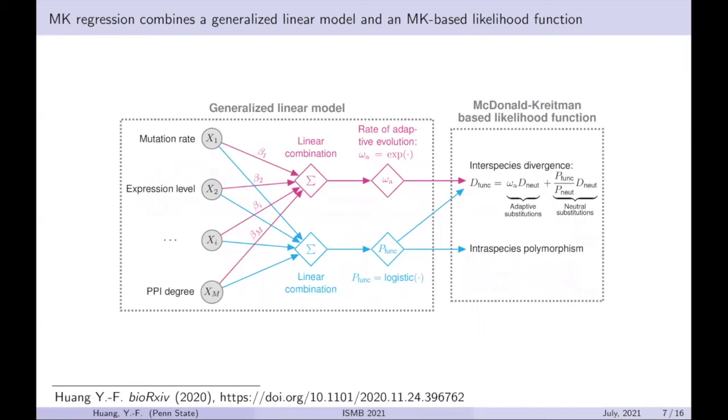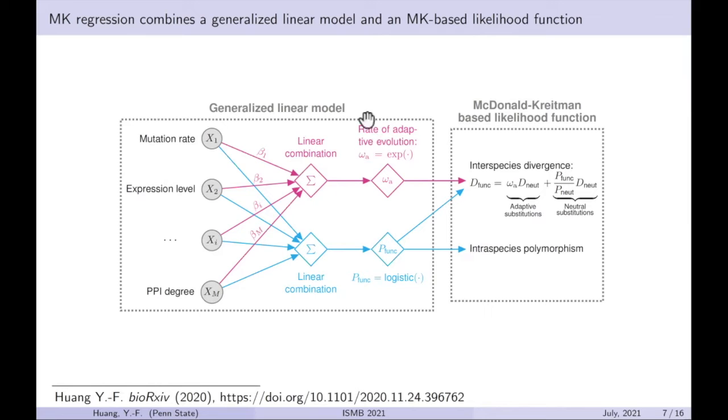It combines a GRM and an MK-based likelihood function. So it has two components, the GRM and the MK-based likelihood function. In the GRM, the goal is to infer regression coefficient beta for each genomic feature of interest, and the beta indicates the direct effect of each genomic feature on the rate of adaptive evolution at a protein site.